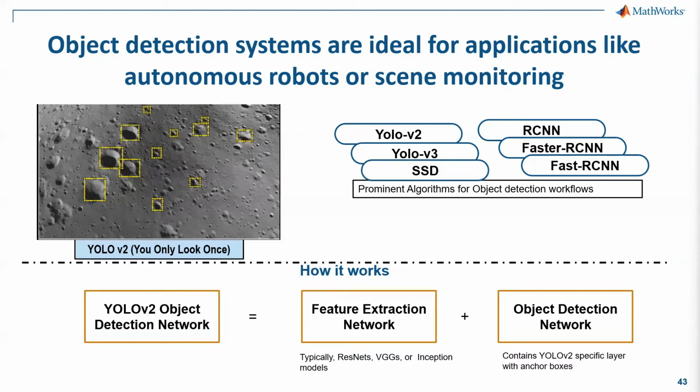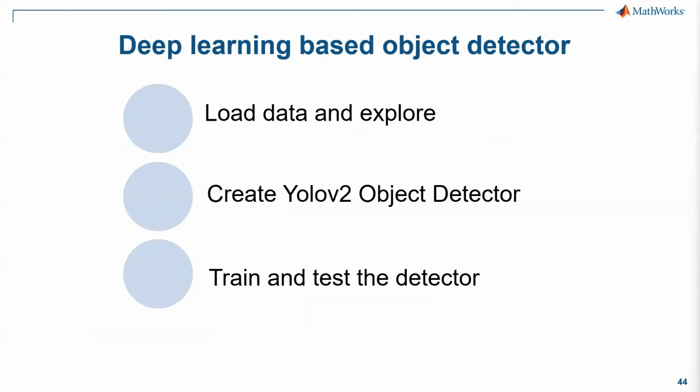The object detection network contains fewer layers than the feature extraction network and contains a YOLO-specific layer with anchor boxes. For building a YOLO v2 based object detector, there are steps we need to take care of: load data and explore, create the YOLO v2 object detector, and train and test the detector.